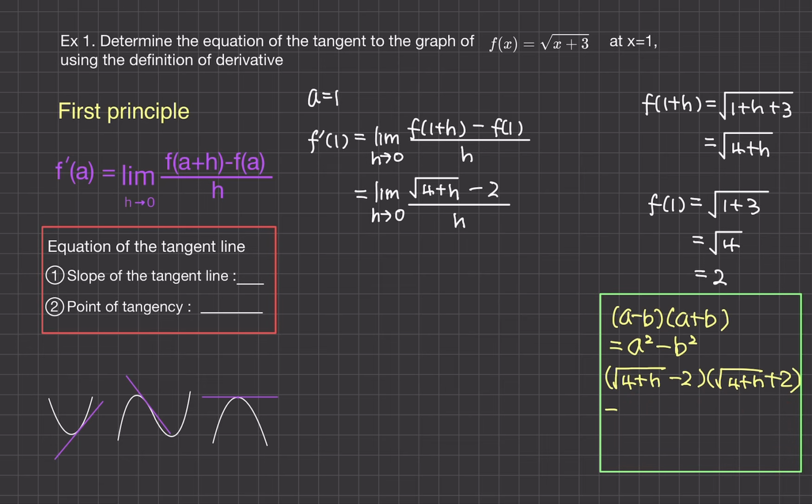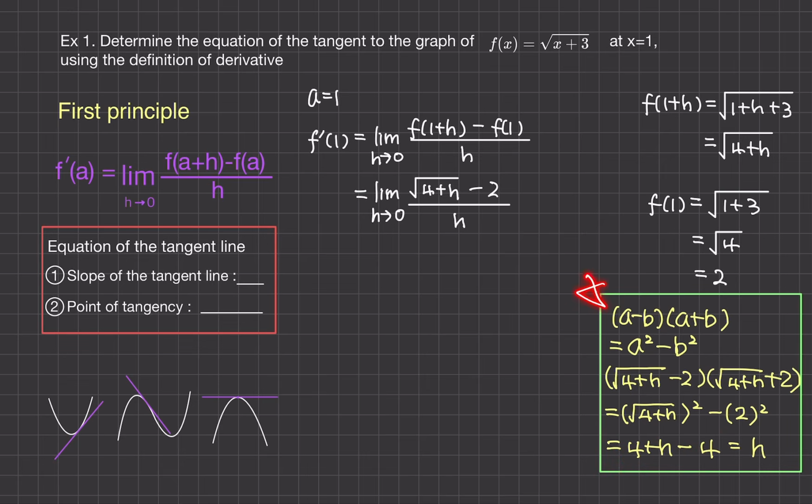So it becomes square root 4 plus h squared minus 2 squared. Square root something squared is the something itself, so square root 4 plus h squared is 4 plus h, minus 2 squared is 4. Plus 4 minus 4 cancel out, so it becomes just h.